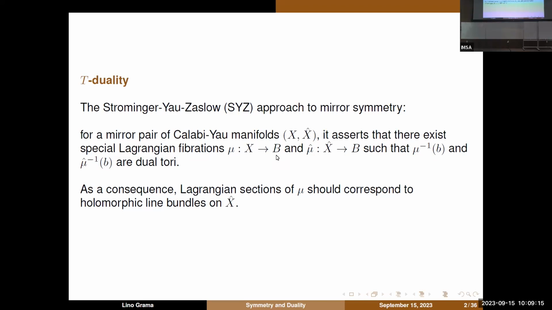As a consequence, Lagrangian sections of mu should correspond to holomorphic line bundles on X hat. Of course, this is a huge simplification of this history, but this is the philosophy: you have some torus fibration, and the duality will happen if you have a dual torus on the fiber.